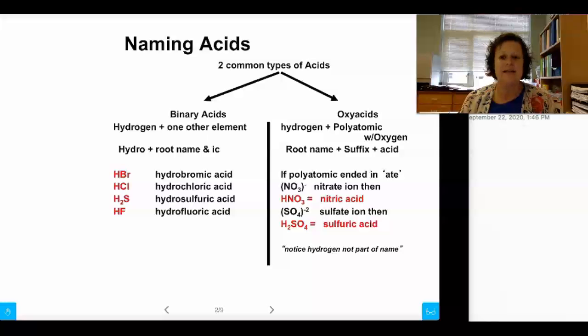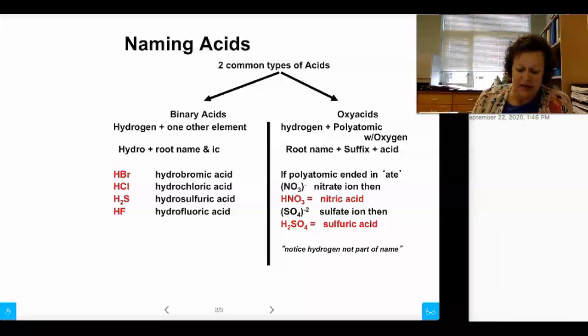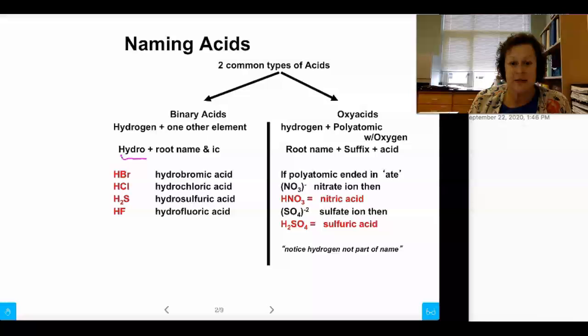The binary type of acid is named with the hydrogen reduced to hydro. So you take the hydrogen and it's hydro. You take the root name of the element, drop the last syllable, and add ic. So for instance, the compound would be HBr.